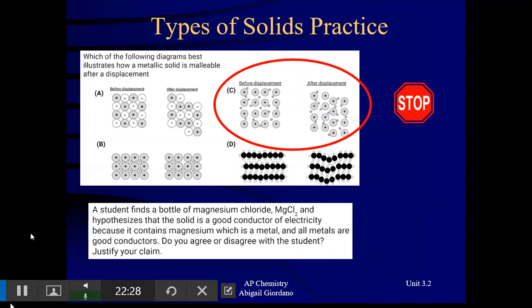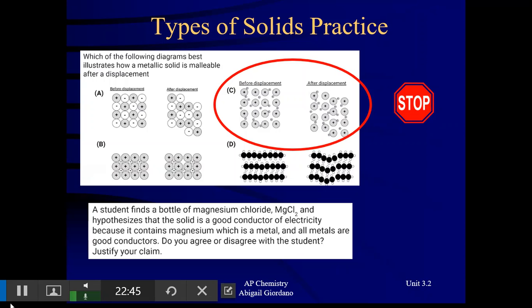Okay. Hopefully you vehemently disagreed with the student's claim. Yes, the compound contains magnesium. However, the compound has magnesium ion in it.